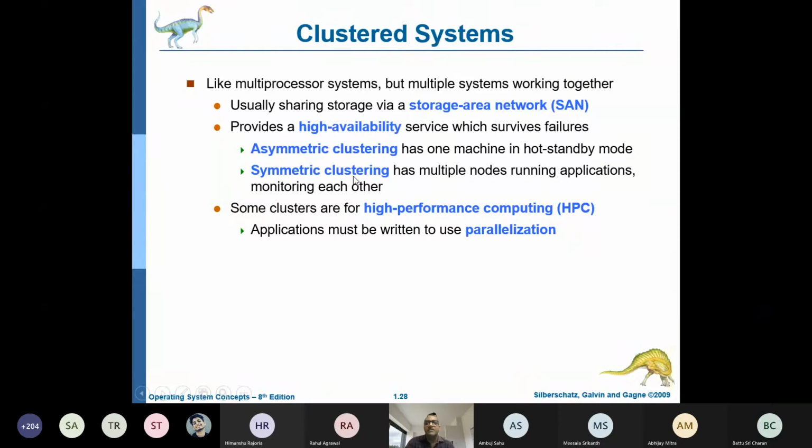Whereas in symmetric clustering, there is no such hot standby mode. Here all nodes have the same capability, and if there is any problem, then the functionality of that particular node will be shared across the nodes. That way, asymmetric and symmetric clustering differ. Basically, these are used for sharing the storage aspects.